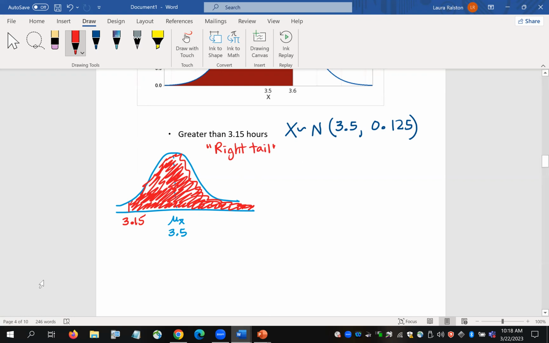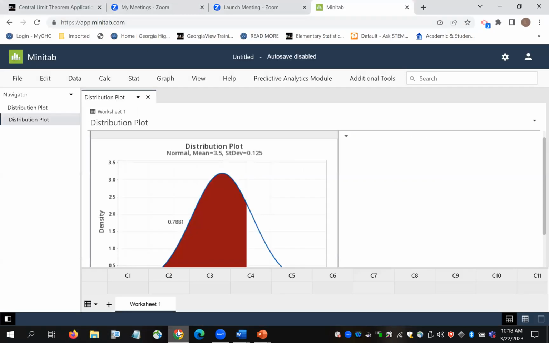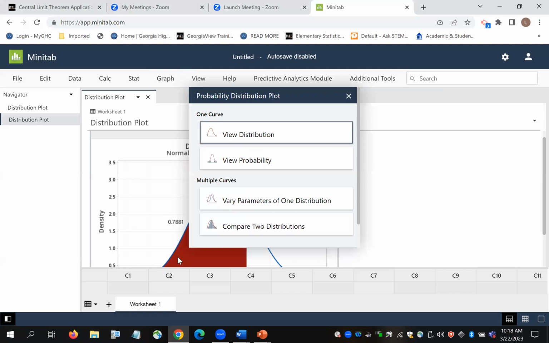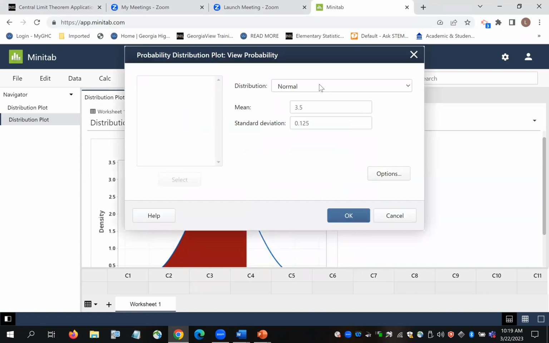Going out to Minitab. Graph, probability distribution plot, one curve, view probability. It's normal. My mean is 3.5. My standard deviation is 0.125.